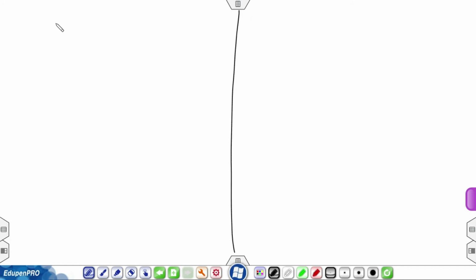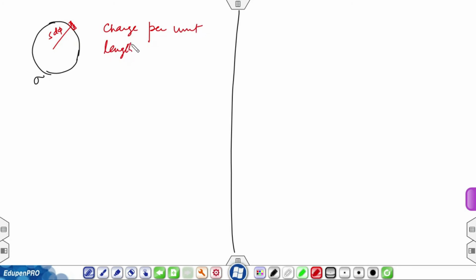So, I have this cylindrical shell. Let us say it carries charge sigma per unit area. Therefore, for this small length S d phi, I am going to have the charge per unit length as sigma S d phi.